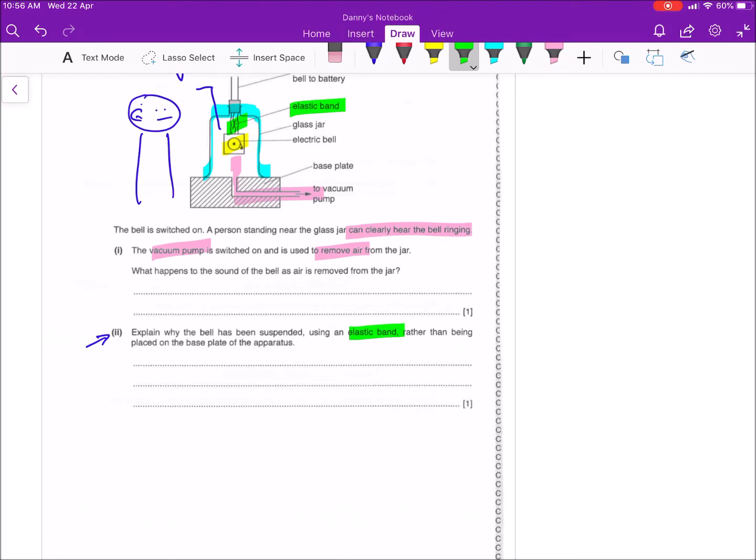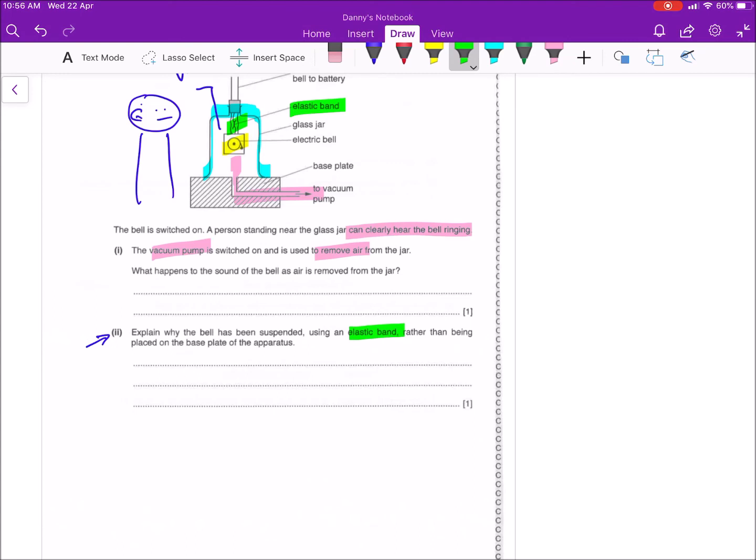Because the bell is vibrating, if there is contact between the bell and the jar, the jar can actually sense the vibration and it will vibrate together with the bell, and you can still hear a sound. But if you put an elastic band, when the bell vibrates, the vibration will get absorbed by this elastic band, and therefore the glass jar will not vibrate.